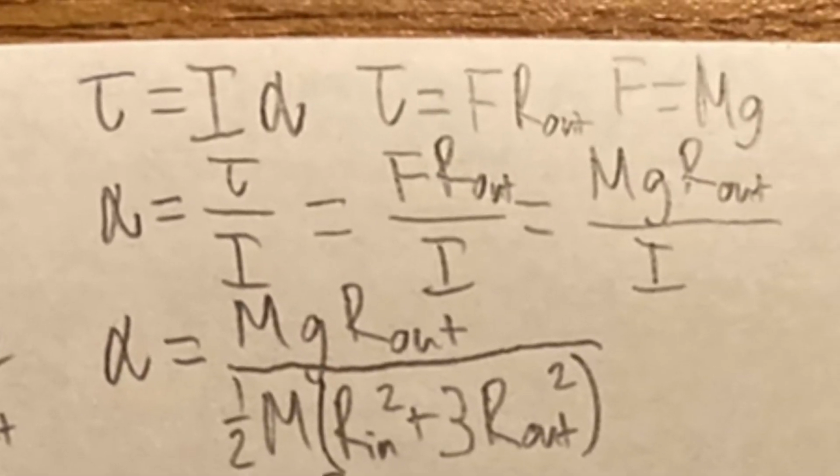Next, we're going to use Newton's second law for rotational bodies. Torque equals I alpha, and torque also equals Fr, and the only force applying the torque is the force of gravity, so F equals mg.